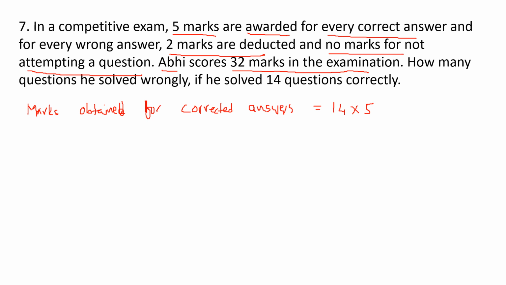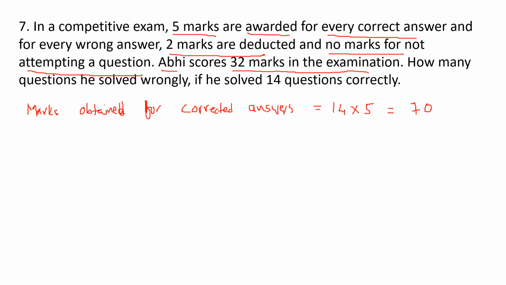And positive 5 marks. So 14 multiplied by plus 5. So how much is this? 14, 5 4s are 20, 2 carry, 5 1s are 5, 2, 70. Actually, we should remember the table of 14. So it's 70 marks, right?